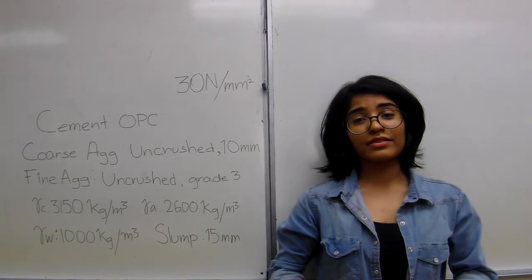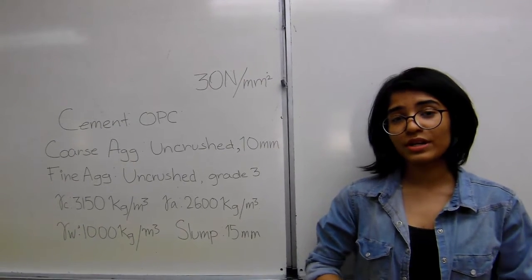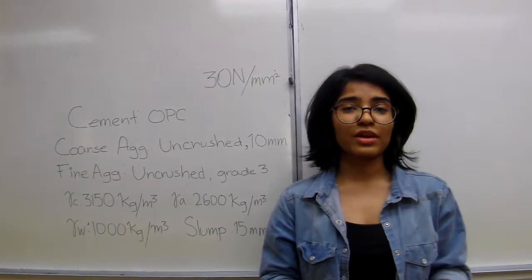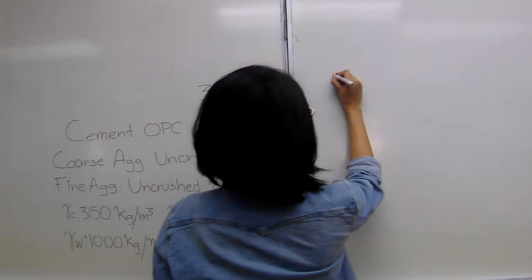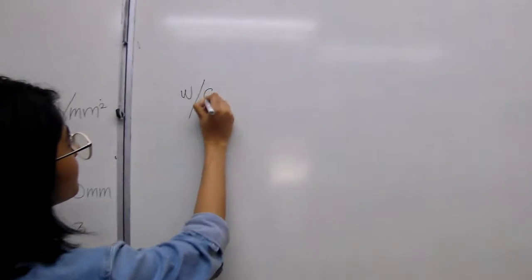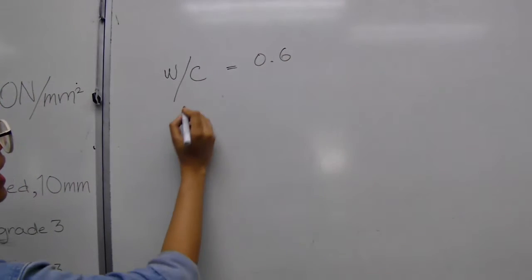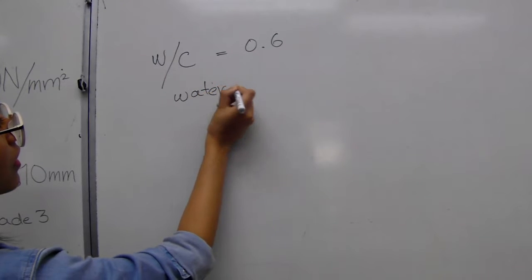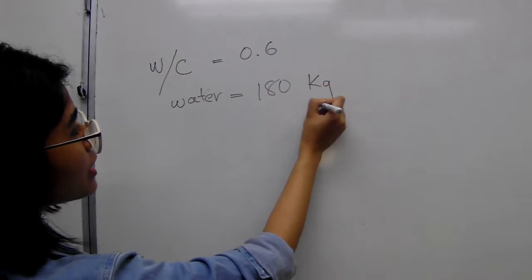Now we'll look at the third step, which is calculating the cement content. To calculate the cement content, we can use the water content and the water-cement ratio that we have already found. The water-cement ratio that we have found is 0.6, and our water content is 180 kg per meter cube.